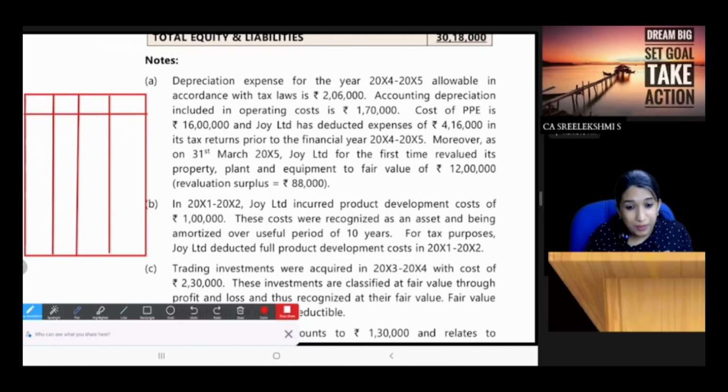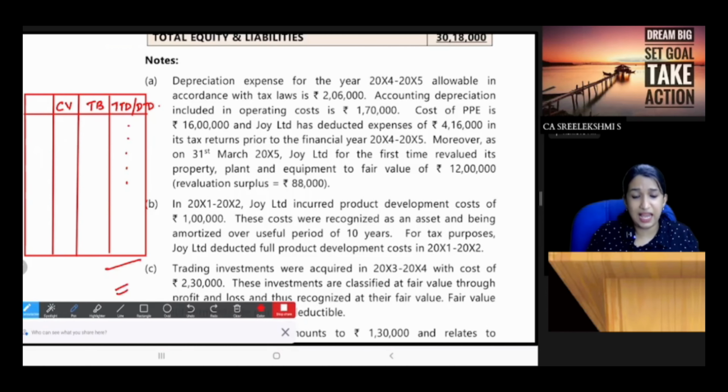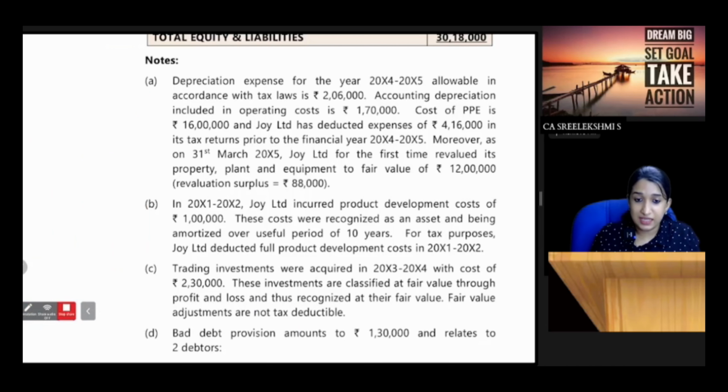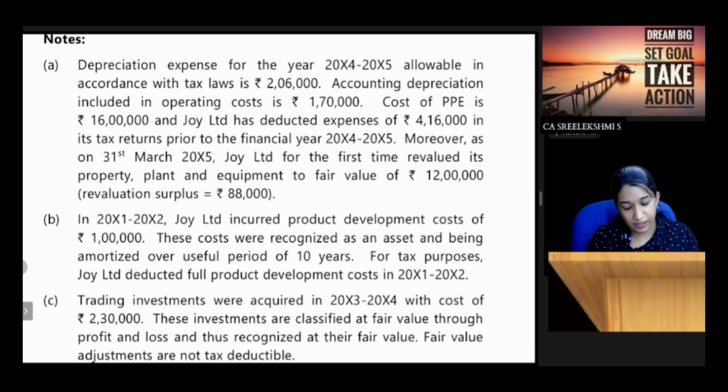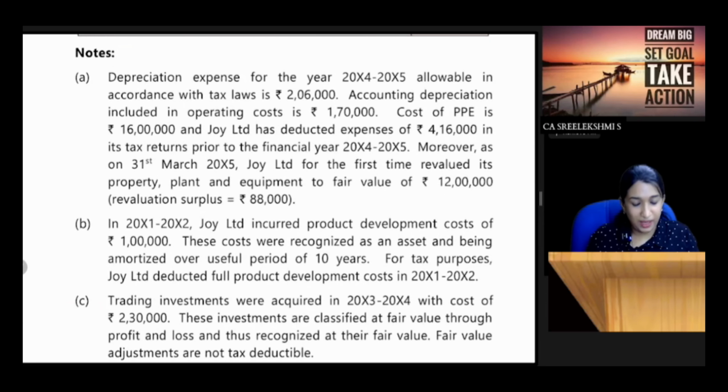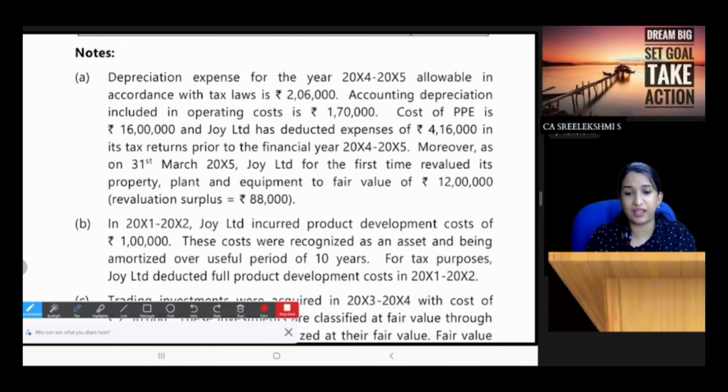You have to prepare a table like this: carrying value, tax base, taxable temporary difference, or deductible temporary difference. Identify the differences, and on the net amount apply the tax rate. If it is a taxable temporary difference, it is deferred tax liability; if deductible temporary difference, deferred tax asset. Okay, fine. Here, that's not the way I'm going to do it. We'll be discussing everything side by side, giving the calculations.